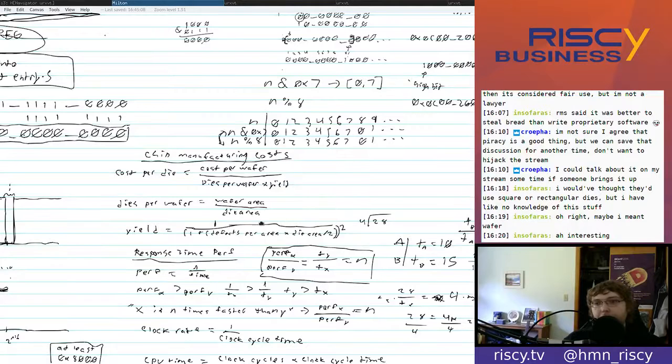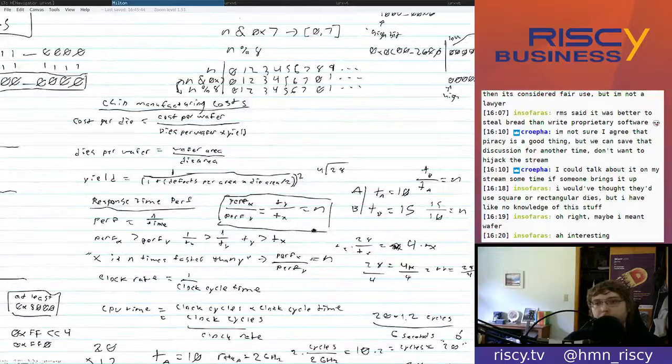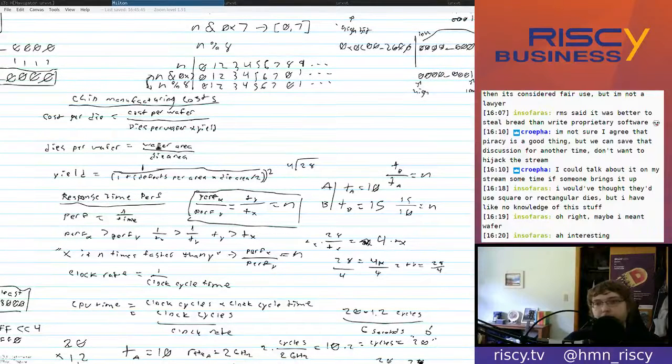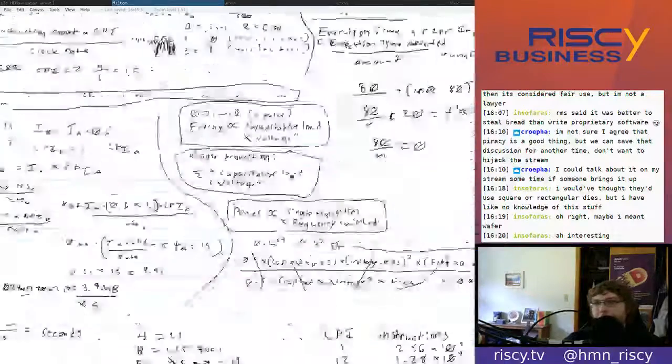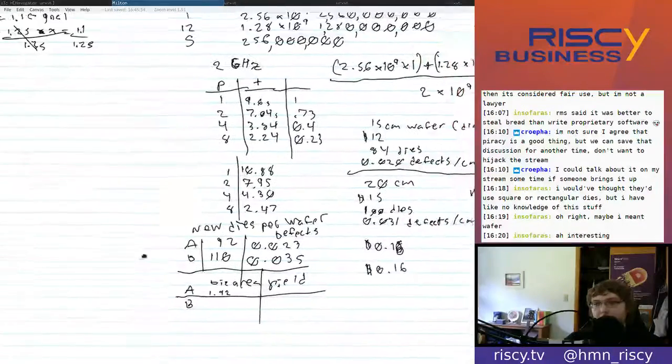So this equation we could solve for die area, right? Dies per wafer equals wafer area divided by die area. So dies per wafer times die area is equal to wafer area, which means wafer area divided by dies per wafer is equal to die area. So we are supposed to just use wafer area divided by dies per wafer. Based on that, I'm pretty confident now that we are supposed to just use the wafer area divided by dies per wafer, which means that one of my answers is wrong.